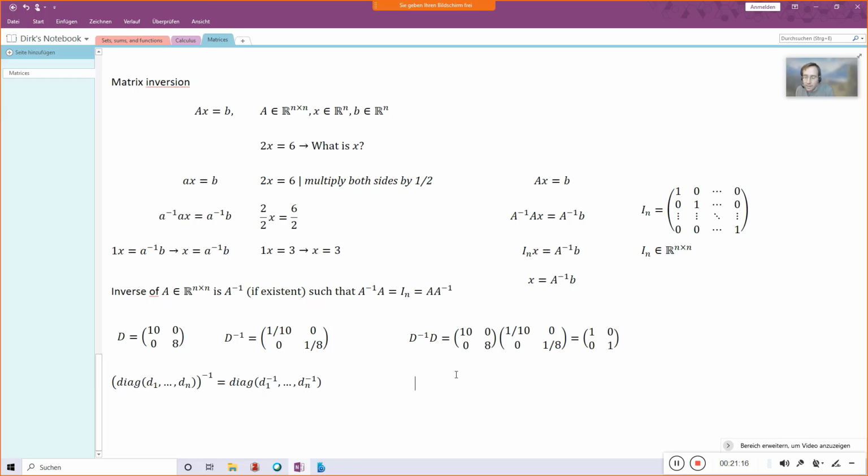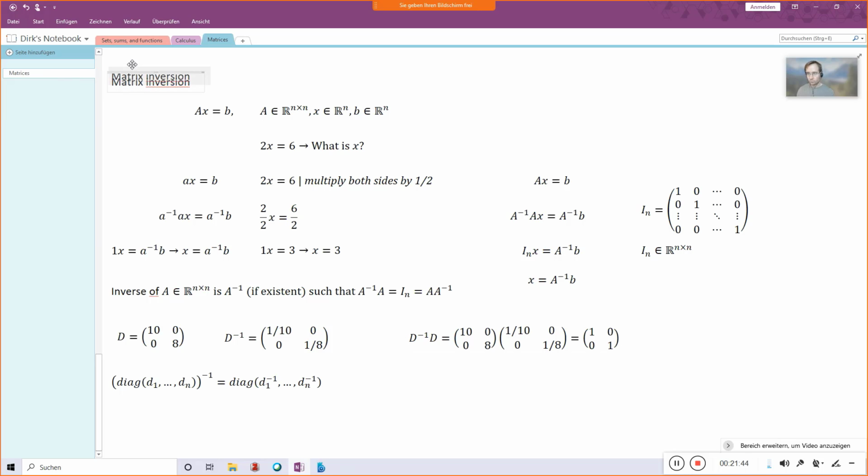The inverse, if it exists, and there are ways to check that it exists, which we will not go deep into, is the matrix that, if multiplied with the matrix that you're trying to invert, yields the n-dimensional identity matrix. Okay, so I think this is what I want to say about matrix inversion. Are there any questions about matrix inversion?